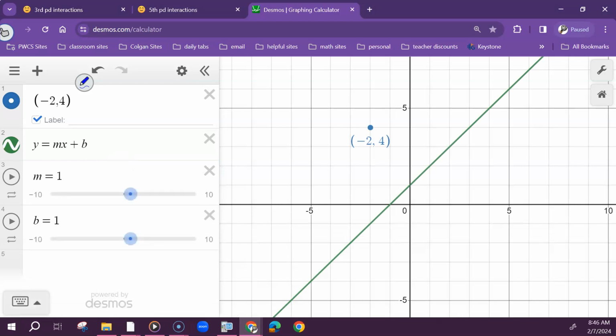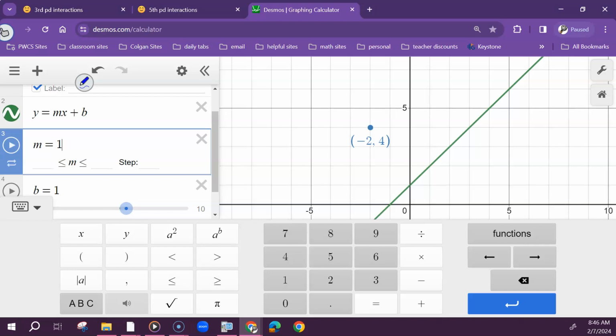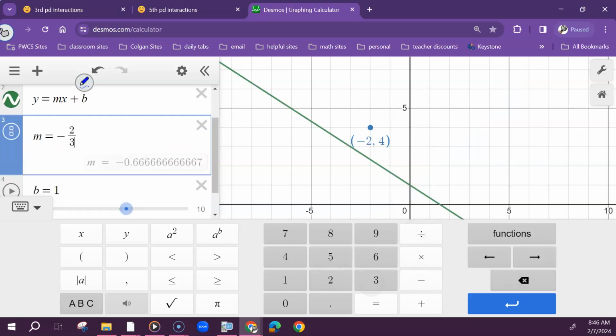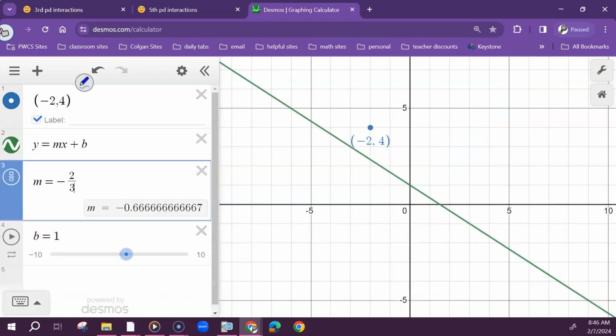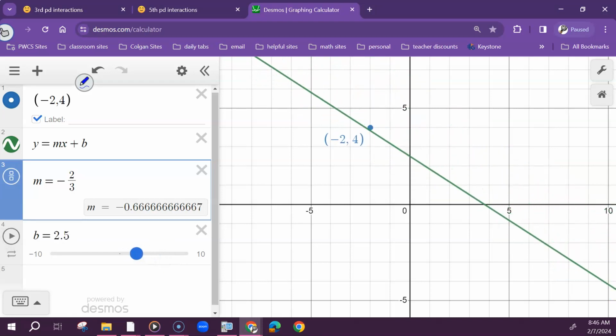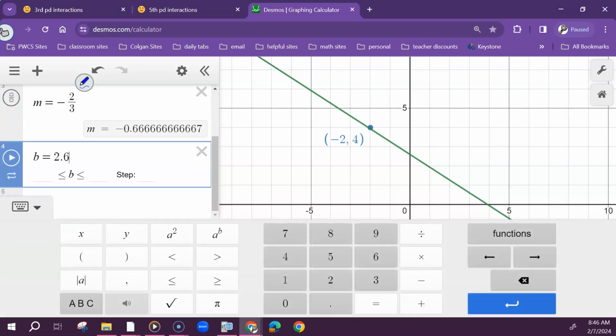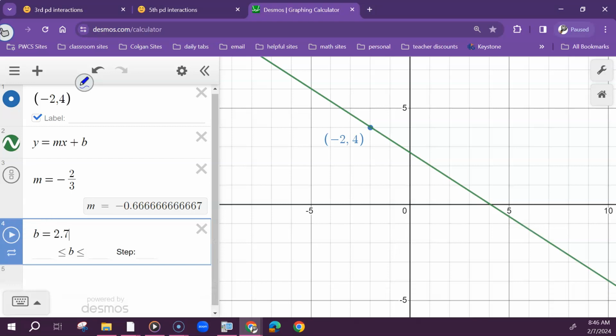Add all sliders. Change the slope to -2/3. And then either hit play or move this until it goes through that point, which happens to be at a decimal, 2.7. And that would show you that your line that you graphed matches this.